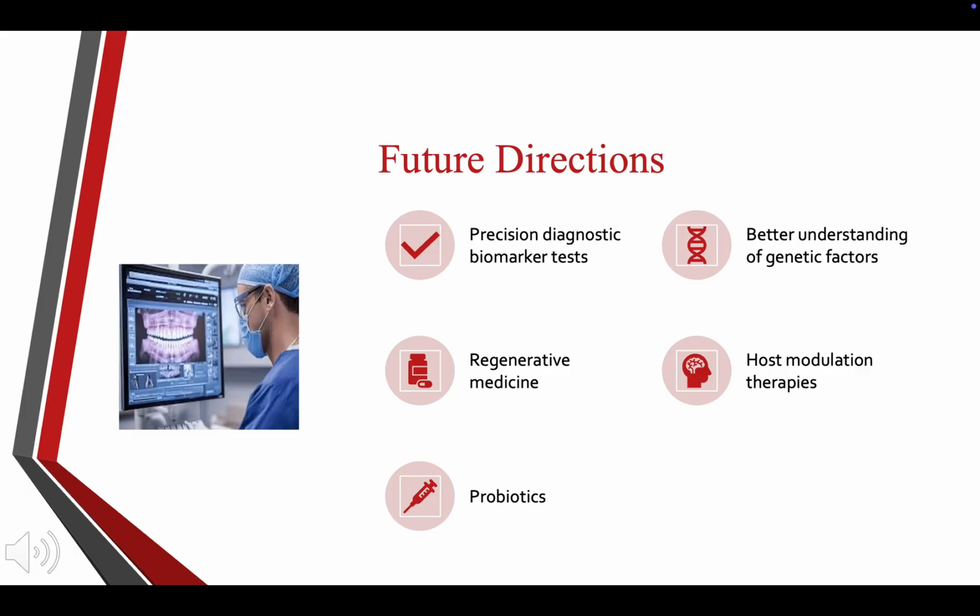Fourth, we have host modulation therapies, which aim to manage the body's immune and inflammatory response. Finally, probiotics are being studied as a way to restore a healthy balance of oral bacteria and oral gum health. Together, these future directions show how periodontal treatment is shifting towards earlier detection and personalized care.